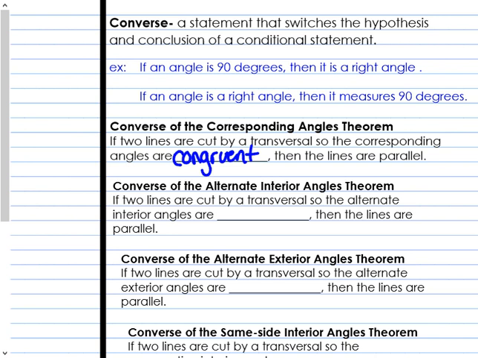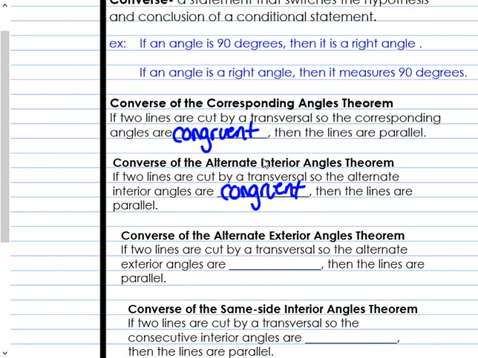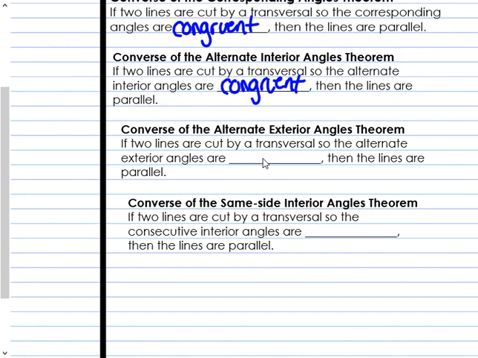The converse of the alternate interior angles theorem says, if two lines are cut by a transversal so that the alternate interior angles are congruent, then also those lines must be parallel. So this is basically telling us that if I have two lines cut by a transversal and my angles end up being congruent or supplementary, then that tells me, oh, those lines are parallel to each other.